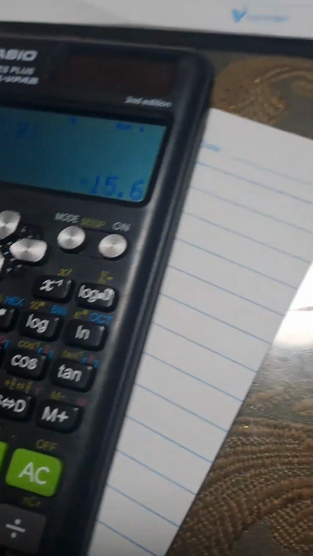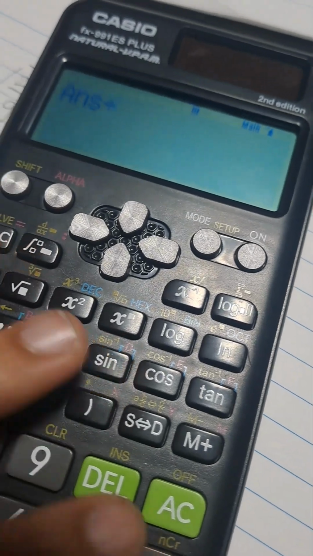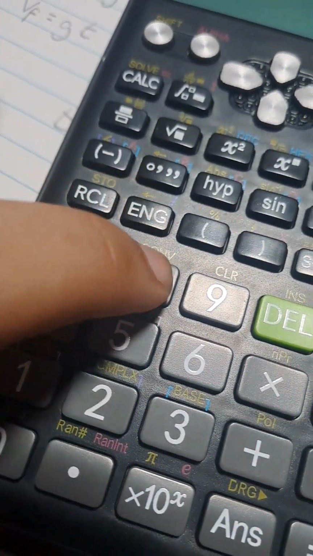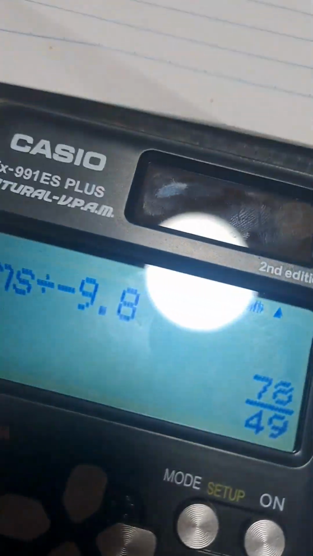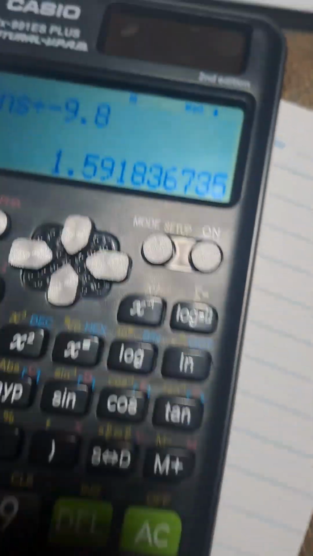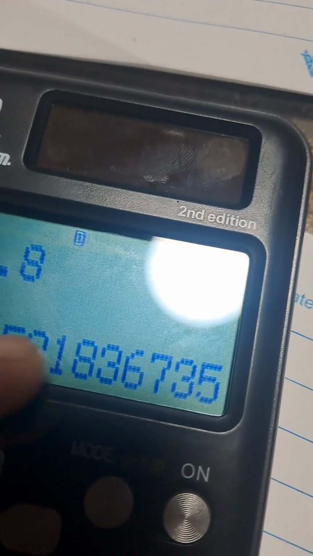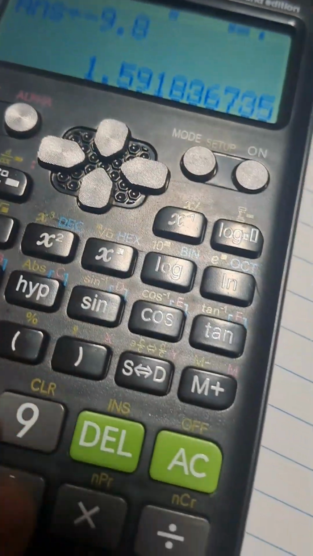Then afterwards, you divide it by negative 9.8. It needs to be decimal. And please round it up to the second decimal. So this would be 1.59.